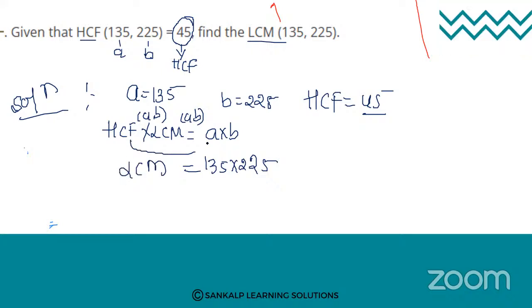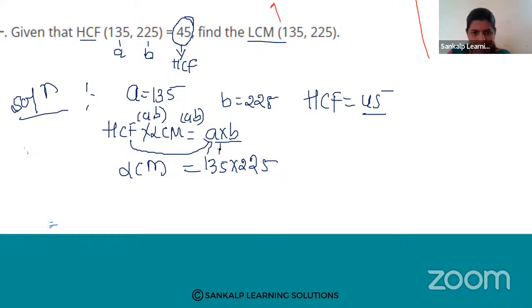If we transfer the HCF to this side, it becomes divided by HCF, so the HCF value is 45. Cancel: 3 ones are 3, 3 fives are 15, 3 fours are 12, 3 fives are 15.